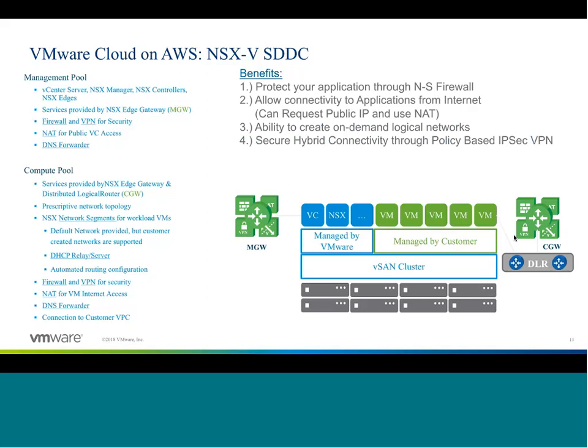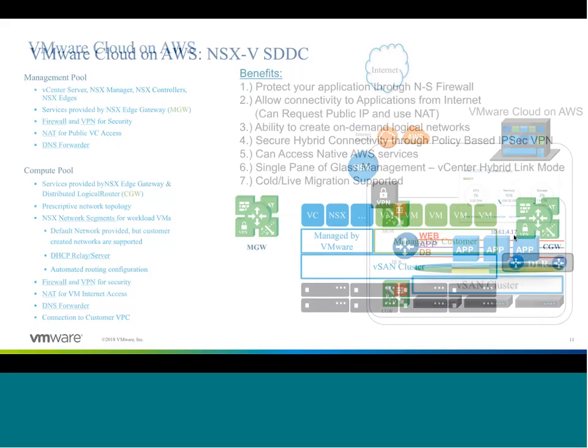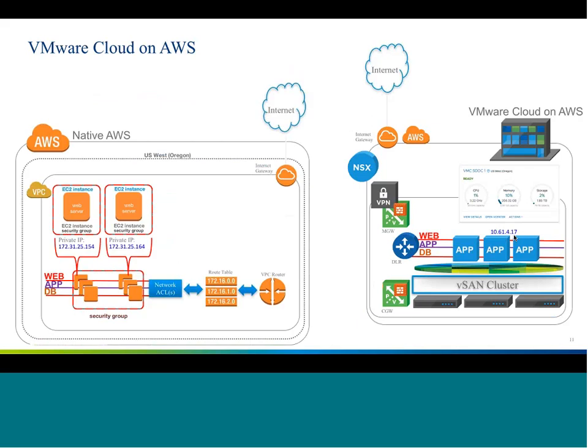You also get secure hybrid connectivity through policy-based IPsec VPN, can access the native AWS services, and there was a single pane of glass for management with vCenter Hybrid Linked Mode. And then we also supported both cold and live migration. So this was all there, and we already had a lot of benefits with the NSX-V SDDC.